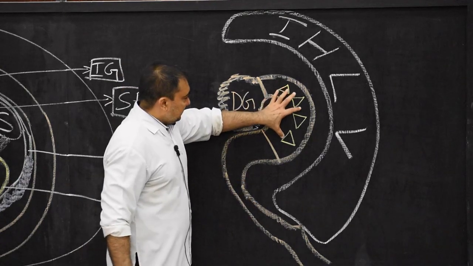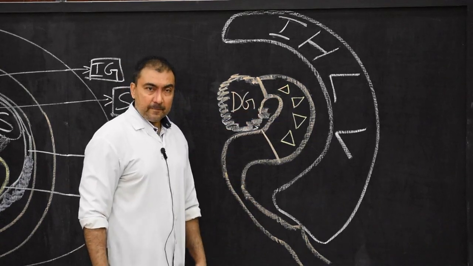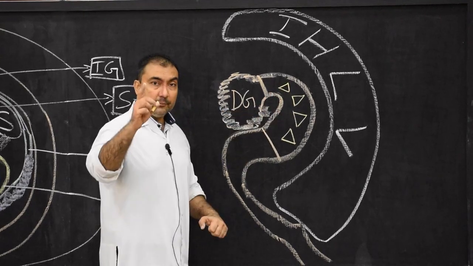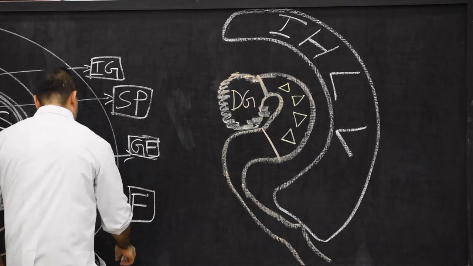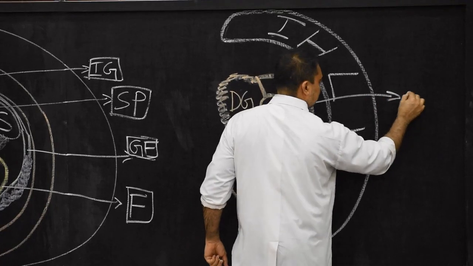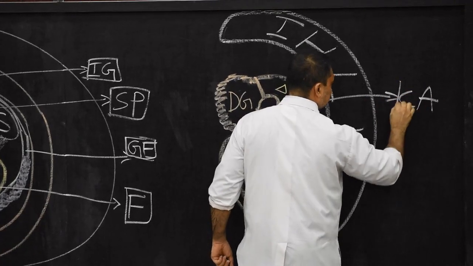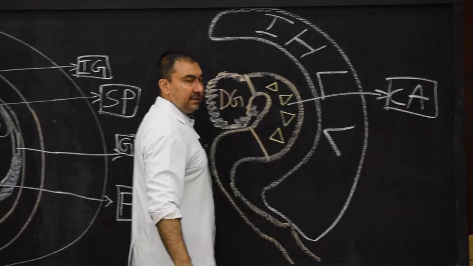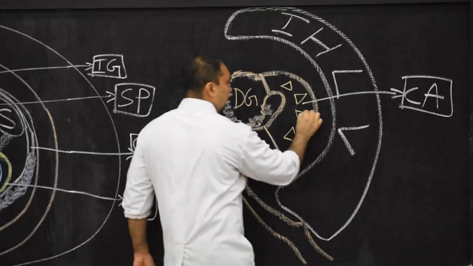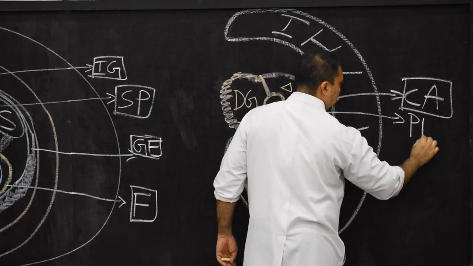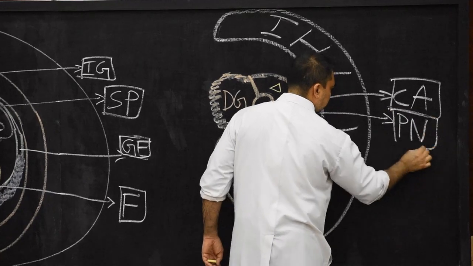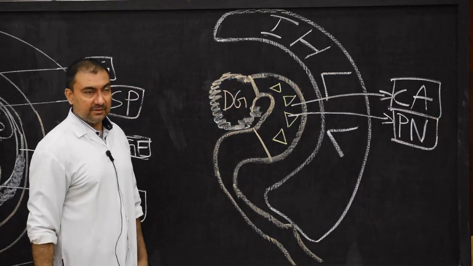This region where pyramidal neurons are there, it is known as cornu ammonis. Cornu ammonis, C-O-R-N-U ammonis. What does it contain? It contains pyramidal neurons. So many neurons, pyramidal cells, pyramidal neurons, they are known as.